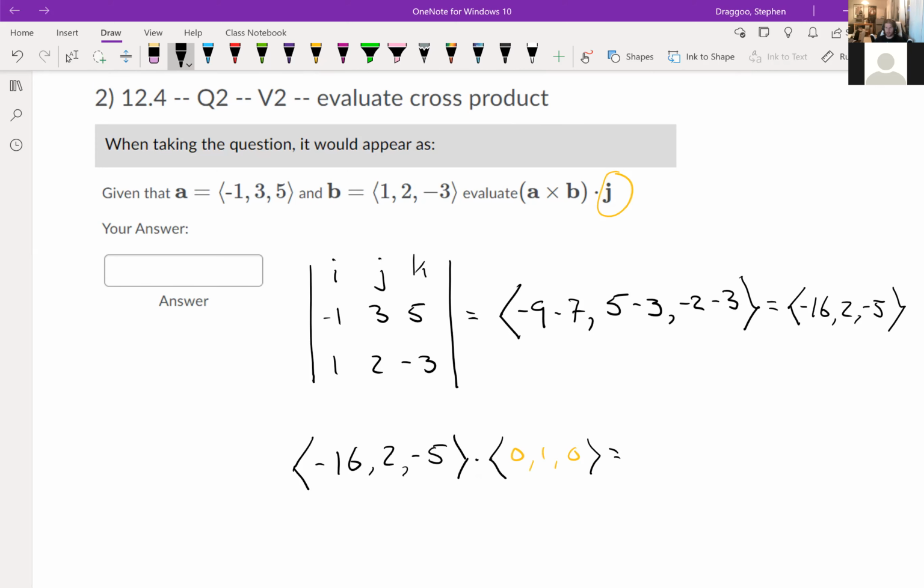Really, it means it's only going to pull out the j component. So this thing is 2, because I just want to pull out this piece. So my answer there is going to be 2.